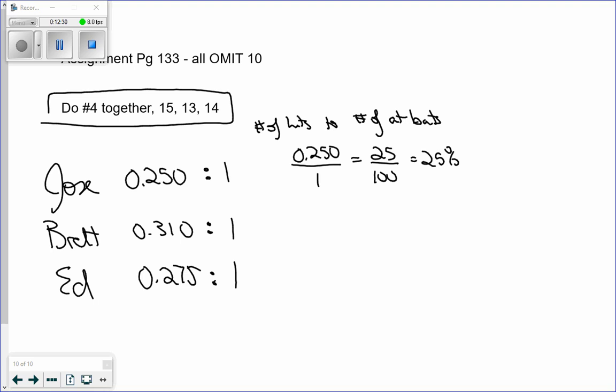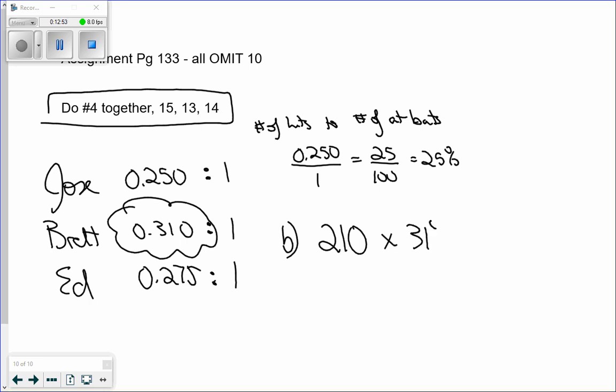Okay, so if Brett has been up to bat 210 times this season, how many hits did he get? So Brett, he's been at bat 210 times, and he's expected to hit 0.31 of those times, or 31%. So you just multiply it by 31%.